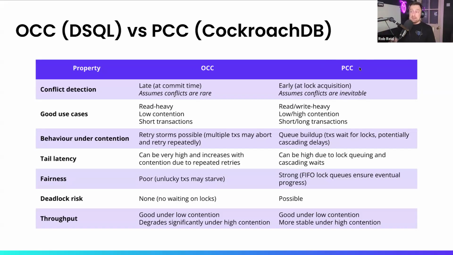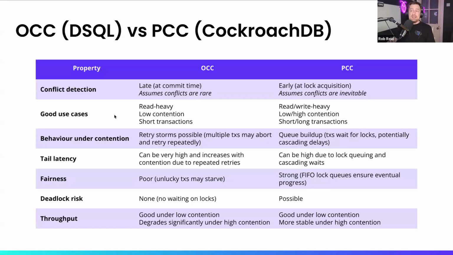Whereas in pessimistic concurrency control, everything's done early at lock acquisition. So if you try to lock data that's already locked, this means that it's a locking system, a distributed locking system. You're going to get an error straight away.